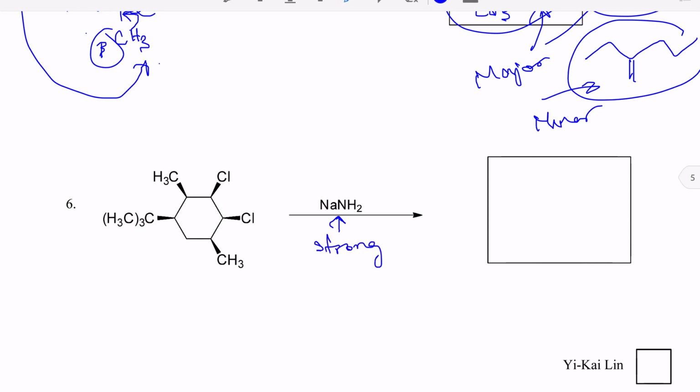A strong base. And it actually will engage in E2 elimination because of the fact that it's a strong base, and that there's a secondary alkyl chloride, right?